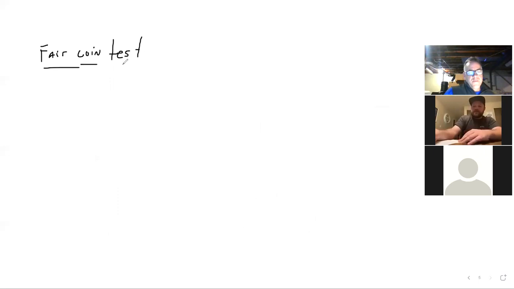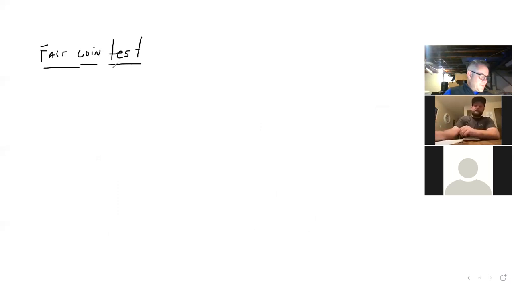Let's do another example here, a fair coin test. Is this coin balanced? Is it fair? Actually, two coins in this problem.